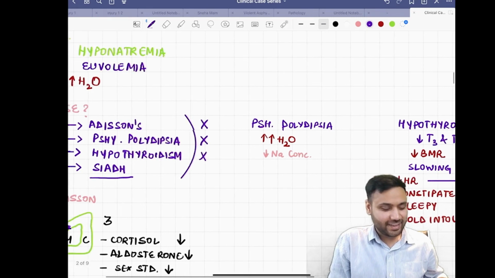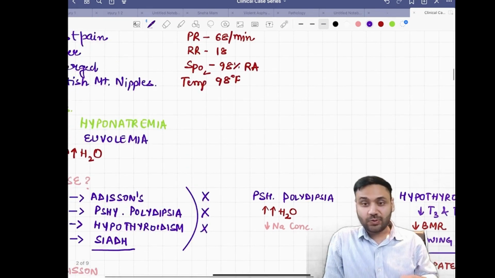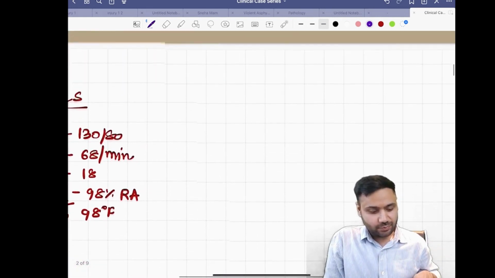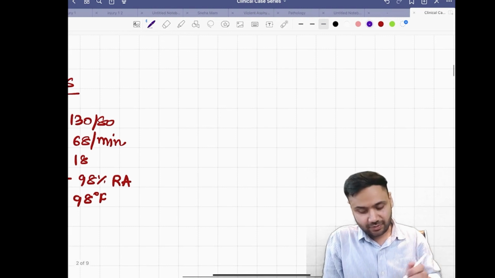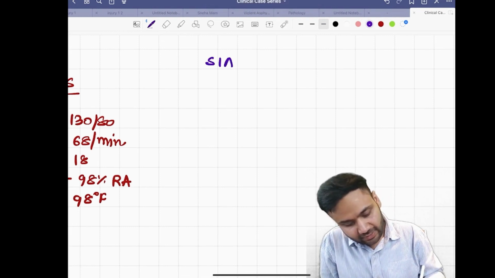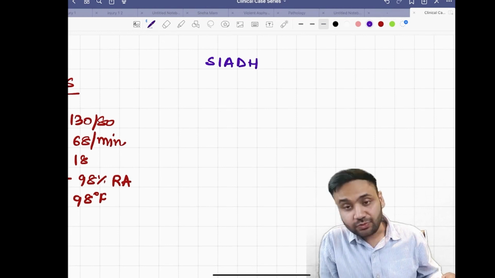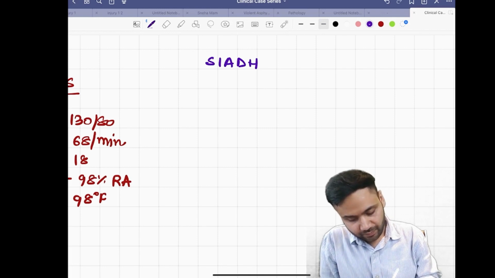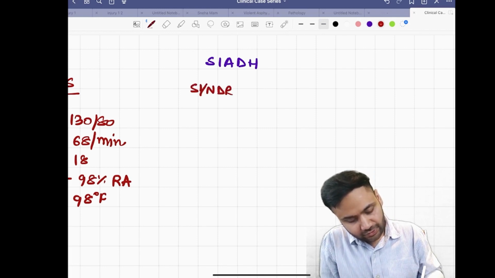We are left with SIADH. So, this is the cause of hyponatremia in this patient. So, let's delve into that. SIADH, syndrome of inappropriate ADH secretion.